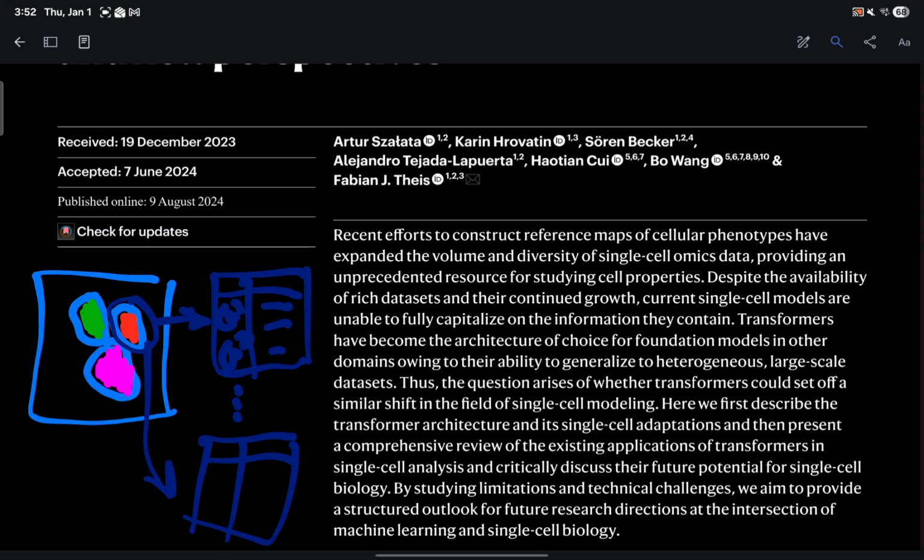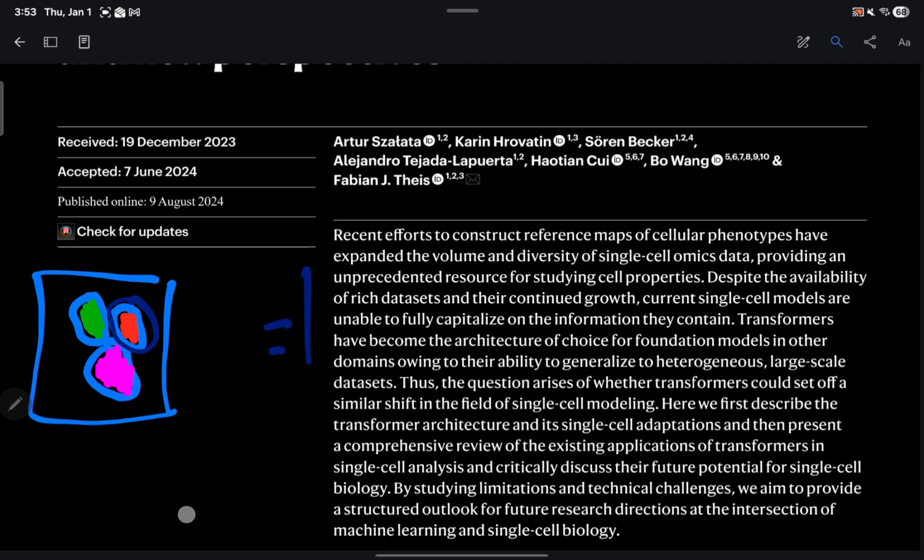So the idea is pretty simple. The thing is that this variance and this variety between cells is not something that you can easily analyze from the data science perspective. And the question is how we can study such variety better. So that's why we have these deep learning models for different tasks.